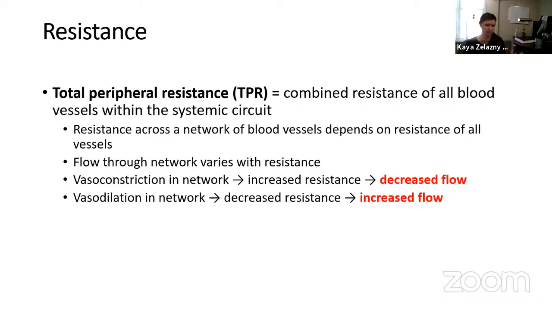If there's vasodilation in the network, you're going to see all sorts of different blood vessels expanding, which will decrease the resistance and increase the flow to that network. So this works on an individual blood vessel level, but it also works on a network level, the physics of it. So that's our total peripheral resistance, TPR. We're going to see this abbreviation a fair amount in this unit.